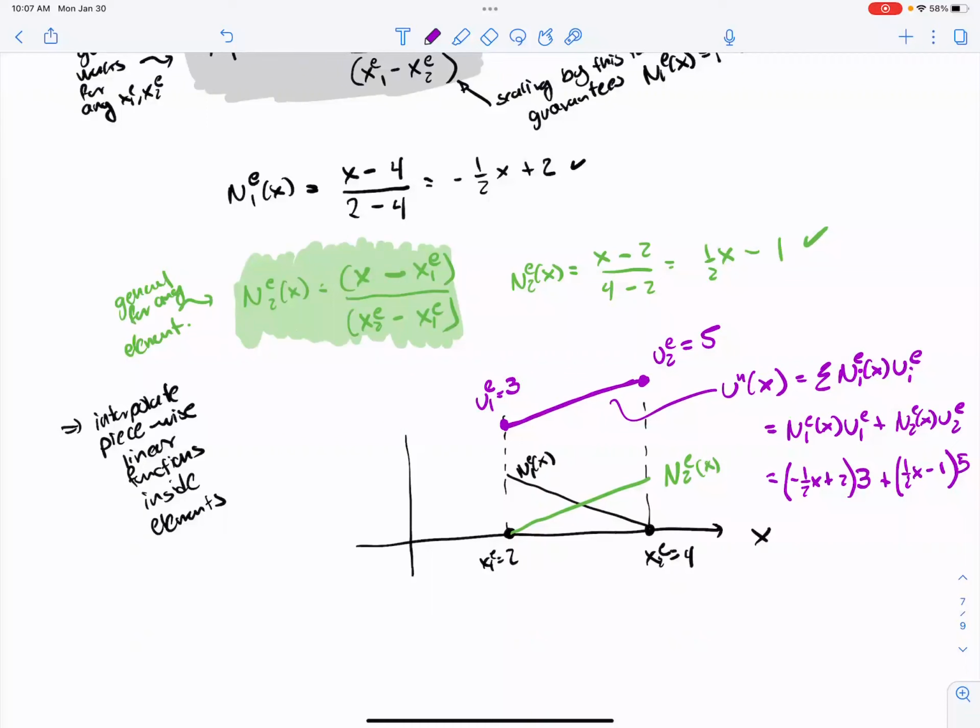So again, just to recap, what we have introduced is a way of defining these nice hat functions, shape functions, basis functions inside an element, so that we can interpolate any line inside of the element by taking two values and then just summing the first value times the first shape function plus the second value times the second shape function, and that will reconstruct that line.